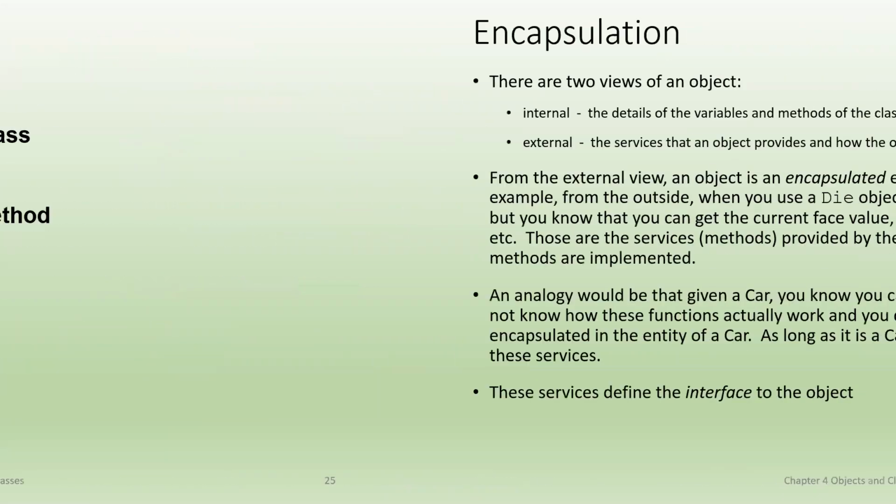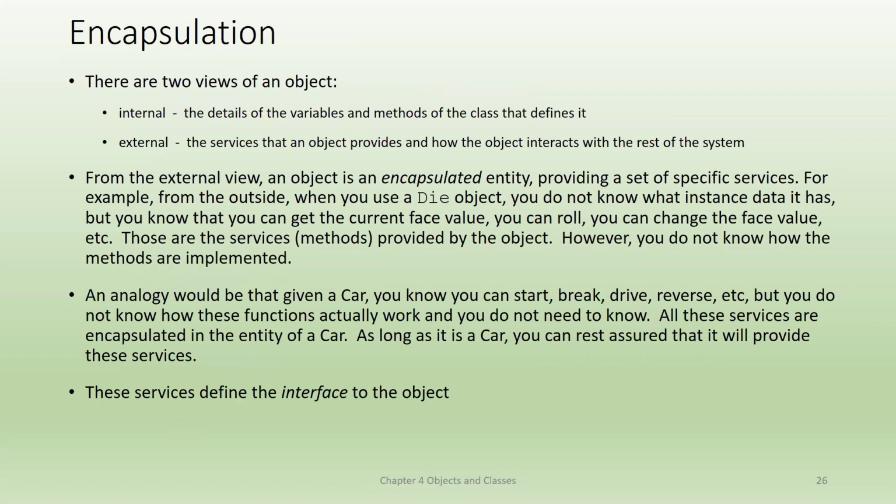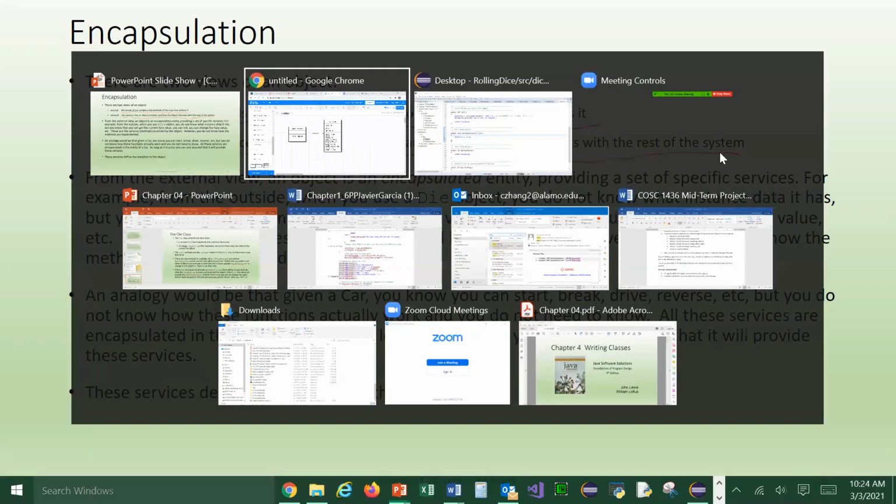Okay, let's look at encapsulation. There are two views of an object, internally and externally. So internally, the internal state is the details of the variables and methods of the class that defines it. External, the services that an object provides and how the object interacts with the rest of the system. So let's look at this UML diagram.